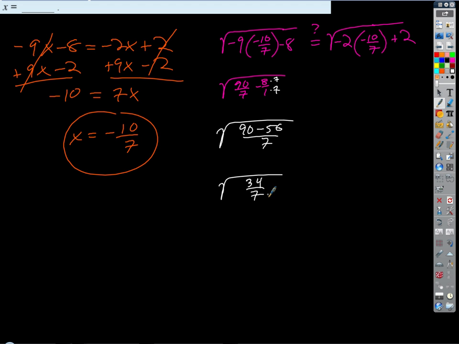I just need to see if I get the same thing on the other side. Well, if I multiply negative 2 times negative 10 sevenths, that's going to give me 20 sevenths plus 2 over 1.